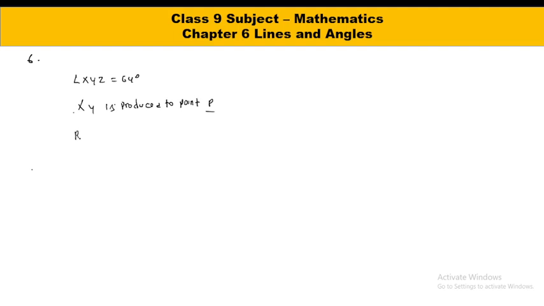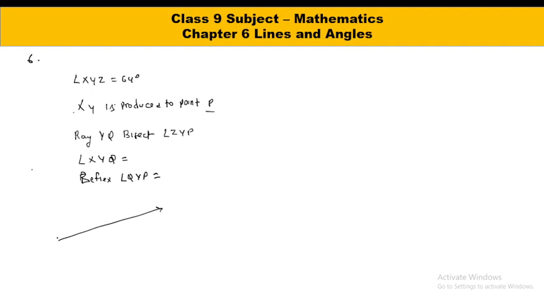If ray YQ bisects angle ZYP, we need to find angle XYQ and the reflex angle of angle QYP. So we need to draw the diagram.